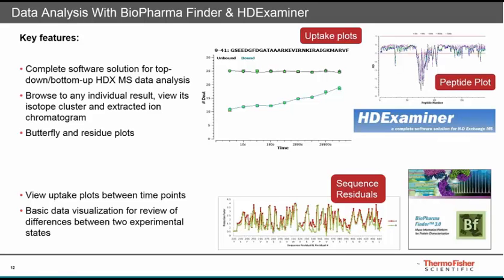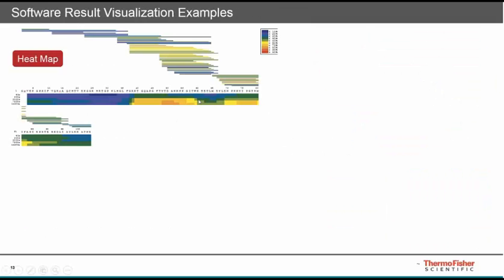It provides different results visualization plots, for example, these deuterium uptake plots for the individual peptides and peptide plots, and also, for example, a heat map where we see the protein sequence listed here with color-coded bars representing the individual peptides that were detected. And the color coding indicates blue, very low or no exchange of hydrogen versus deuterium, yellow a little bit, and red, very strong exchange.